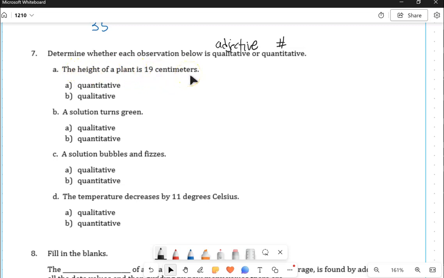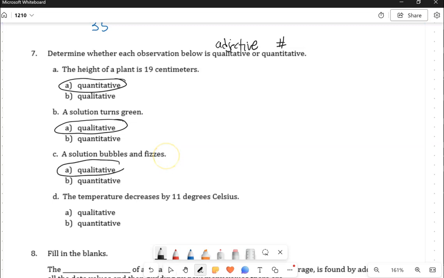If it takes measurement, then it's quantitative. A solution turns green. It's an adjective. Qualitative. A solution bubbles and fizzes. Adjective, adjective. Qualitative. The temperature decreases by 11 degrees.